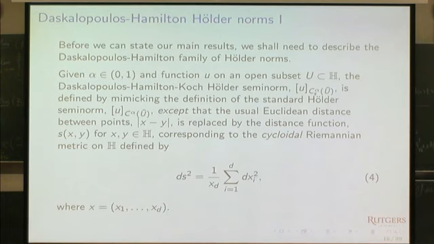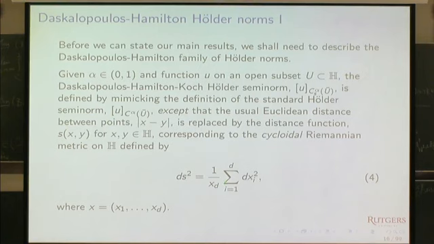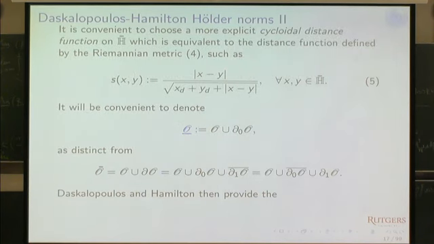So the definition, at least of the C alpha spaces, goes just as the usual definition is. You just replace Euclidean distance by this one. This is a kind of hyperbolic distance, right? Well, not quite, because it's x_d, not x_d squared.